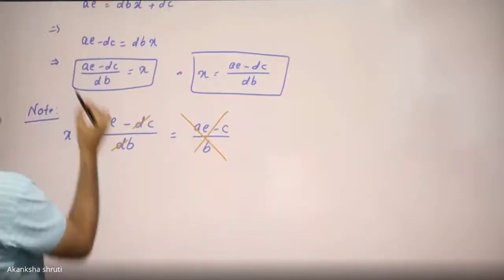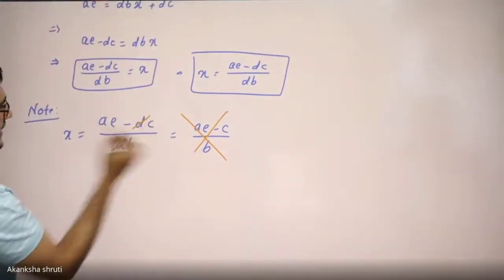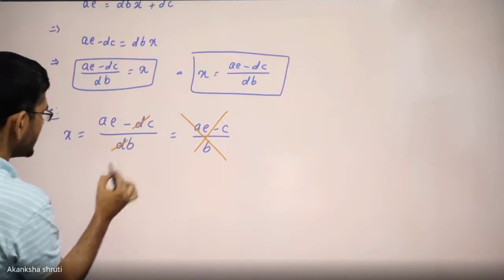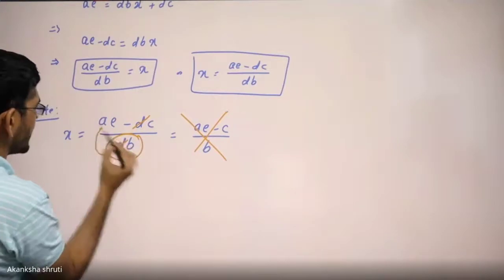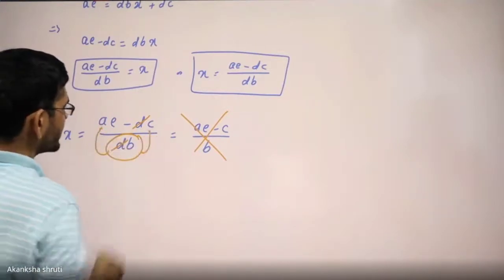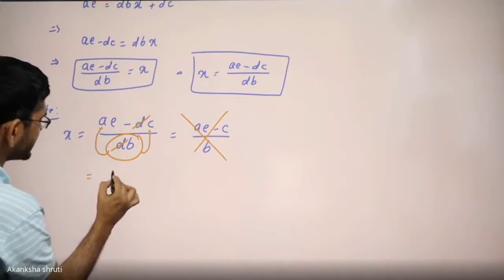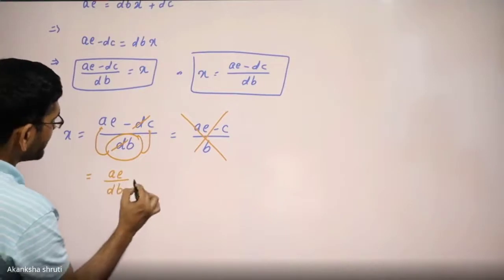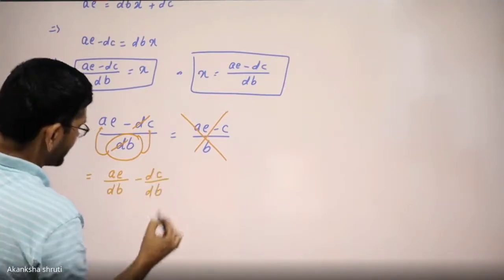Why? Because, students, why can this not be cancelled? Because this denominator is for both the terms. This is for this term as well as this term. If I want to separate this, I need to separate it like this: AE by DB minus DC by DB.